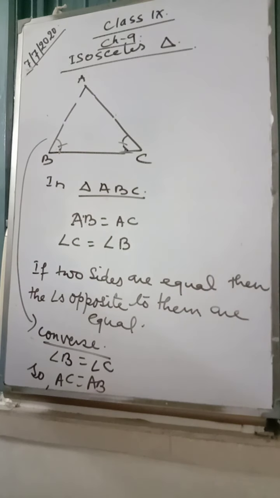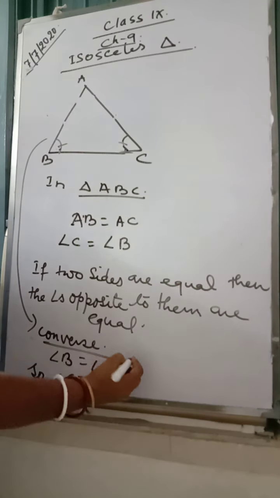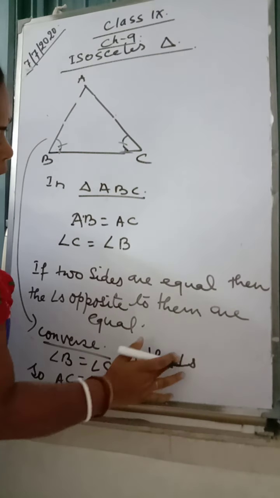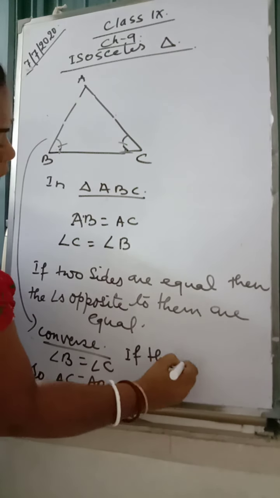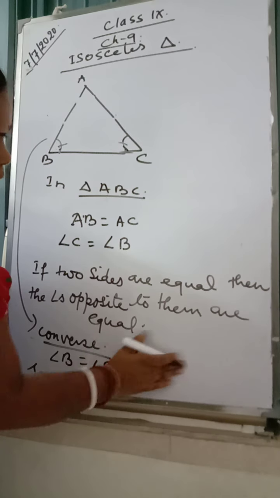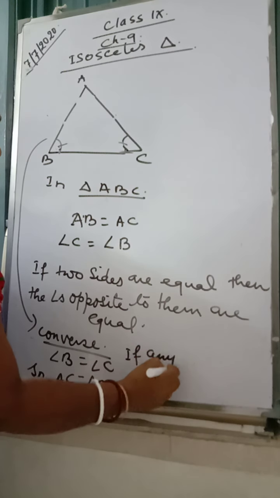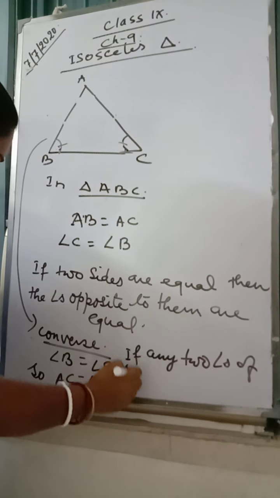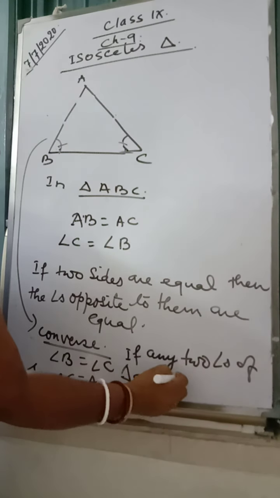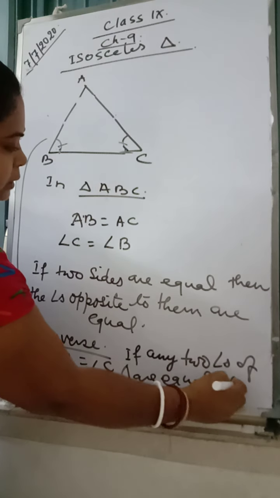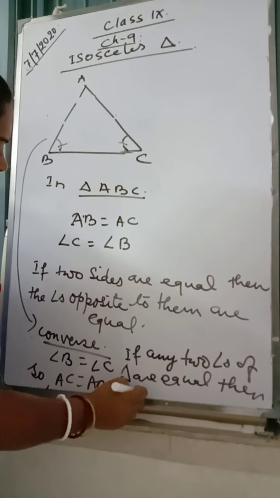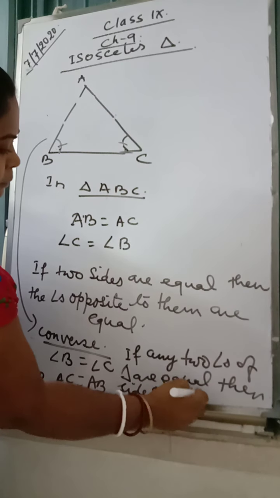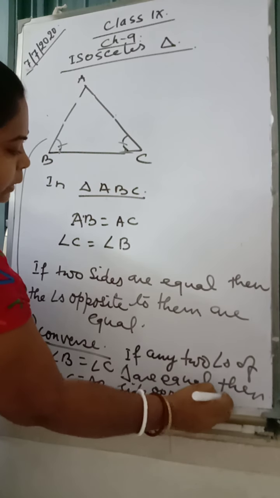That is the converse. If any two angles of a triangle are equal, then the sides opposite to them are equal.